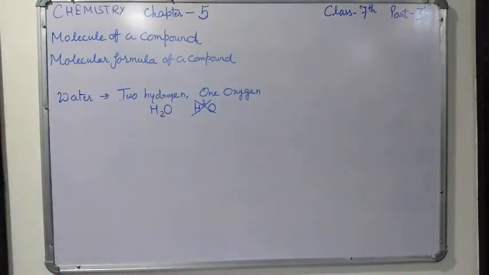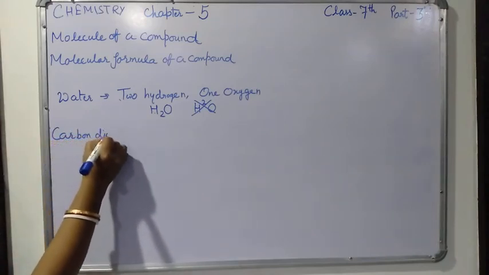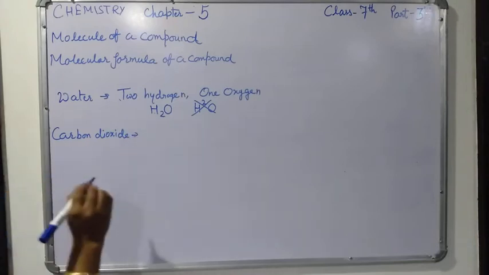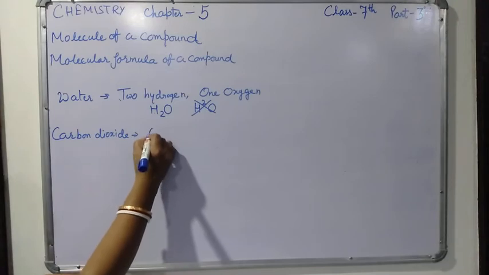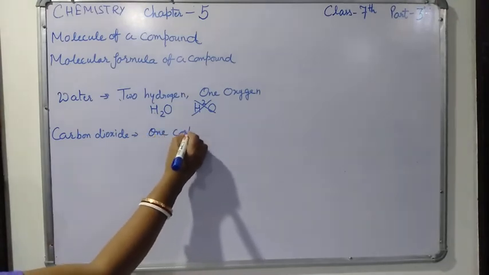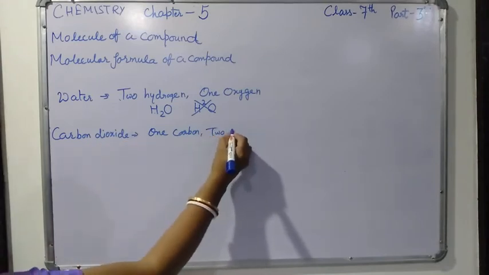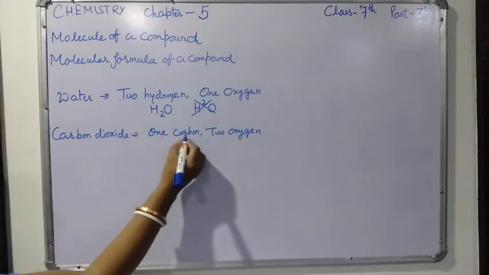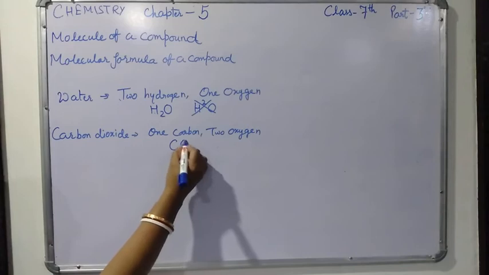Second one is carbon dioxide. In this you can see one atom of carbon is there, and dioxide means two oxygen atoms. To write the formula, the symbol of carbon is C, and two oxygen, O2.